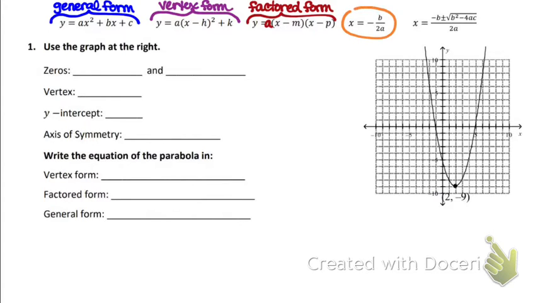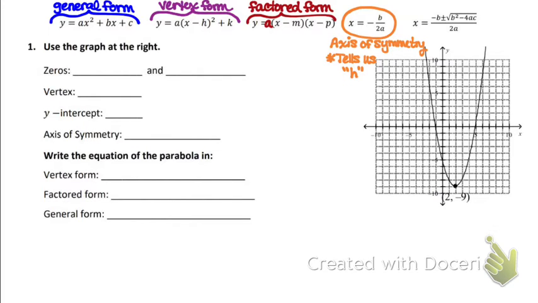Does anybody remember what we use this for? Axis of symmetry. And the axis of symmetry tells us our H value.